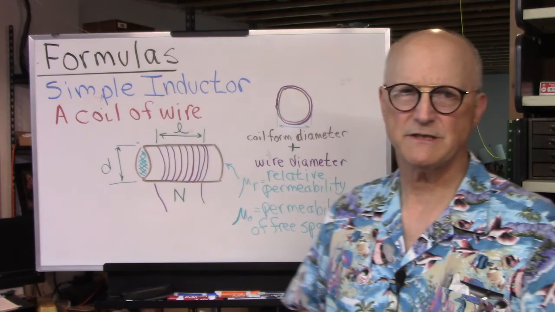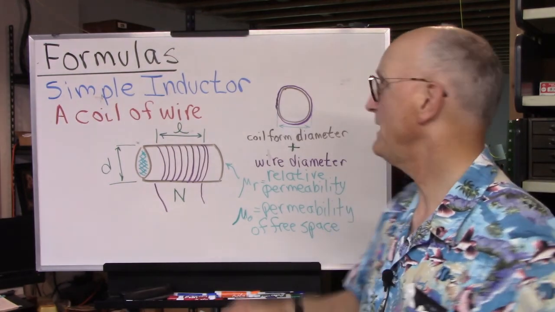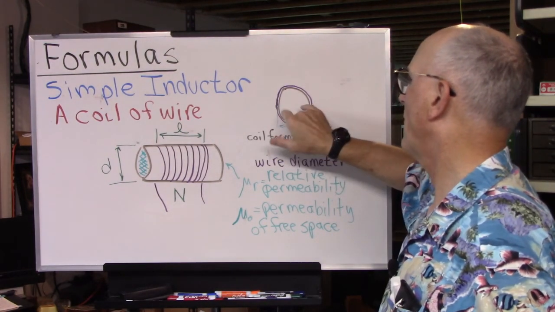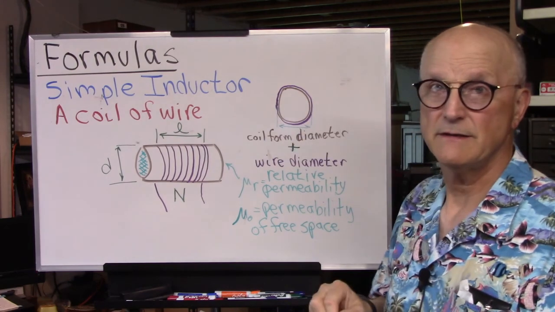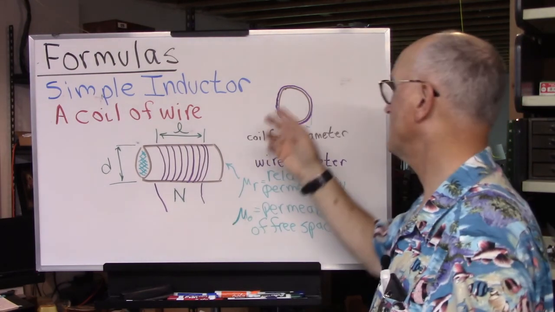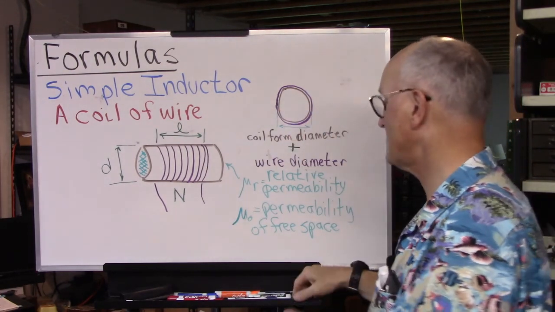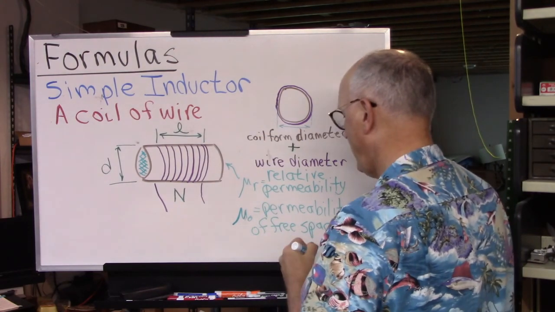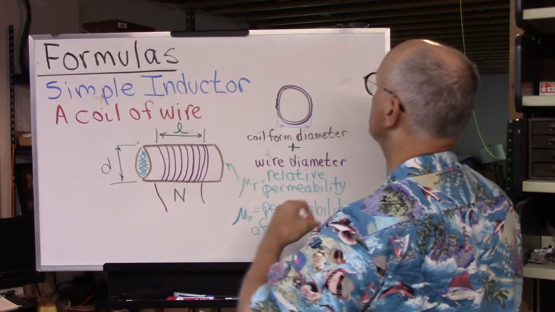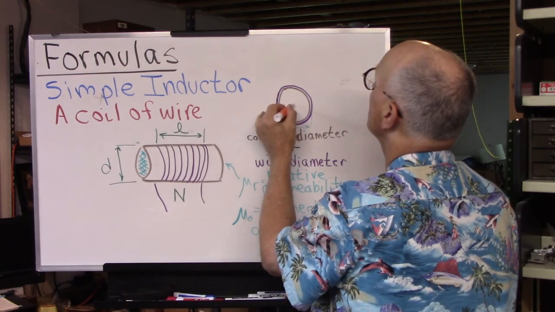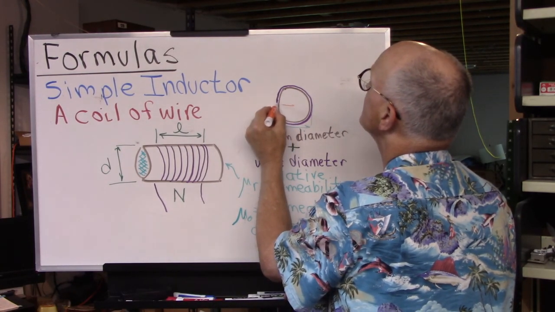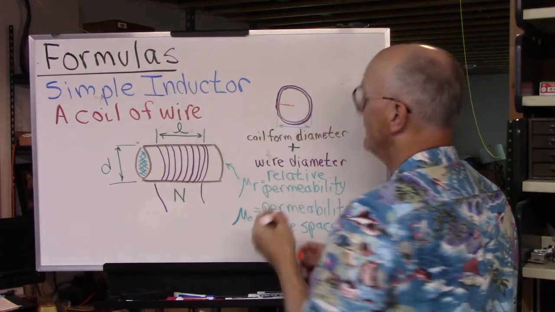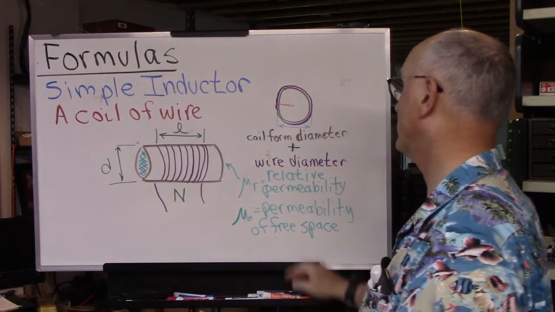Other big differences to watch out for is they speak of diameter or radius. And I noticed in some cases they talked about the radius of the coil, and the same rule applies. If they're talking about radius, they are talking about the distance from the very center of the coil out to this halfway point in the middle of the conductor that's out there.